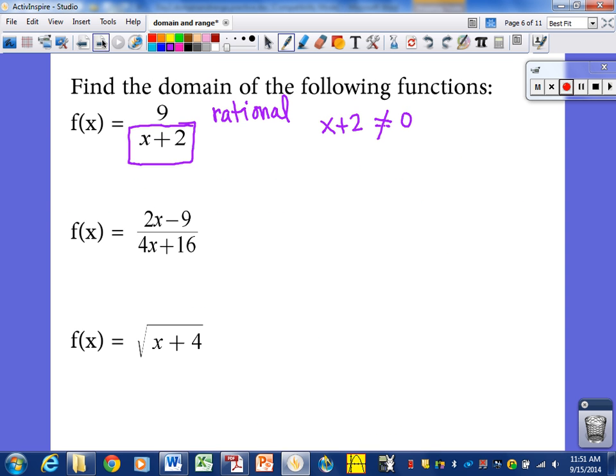So if you're trying to find that, you set the denominator to not equal to 0. And then you solve it. And this is a very easy thing to solve. So in other words, x cannot be equal to negative 2. Okay? So this is the restriction. You can plug in any number you want to, so all reals, as long as x is not negative 2.